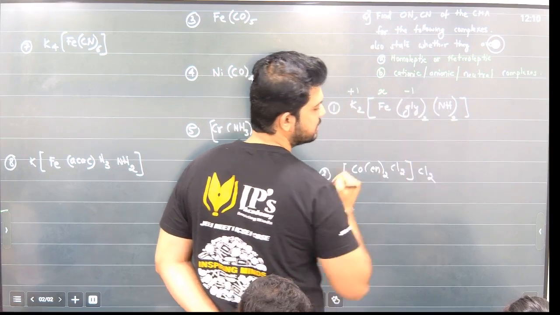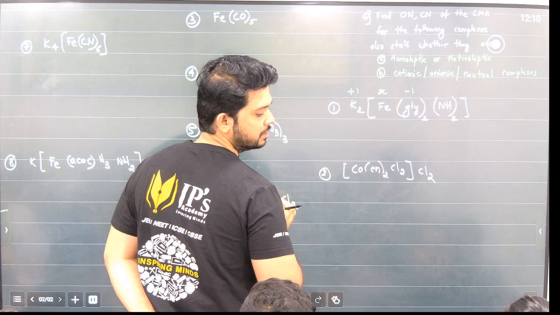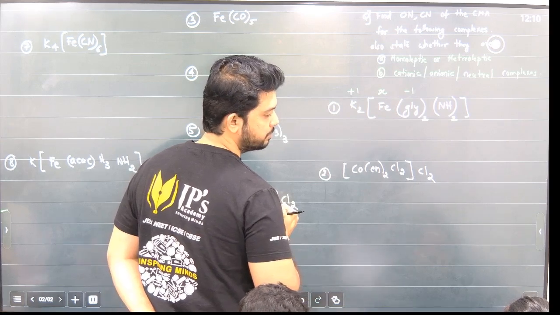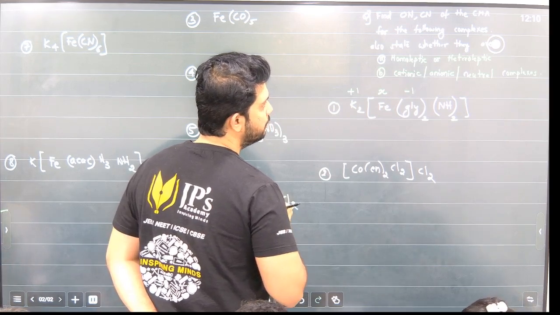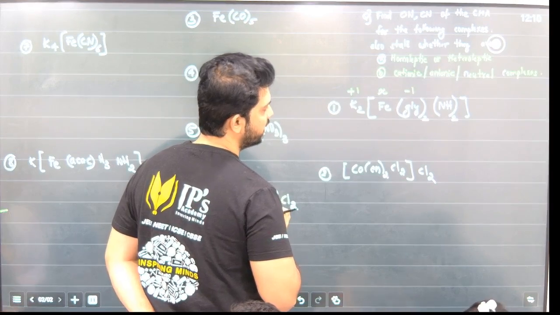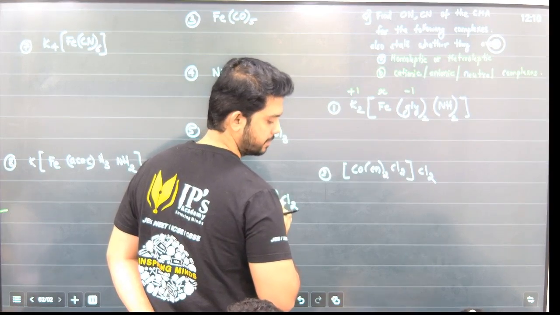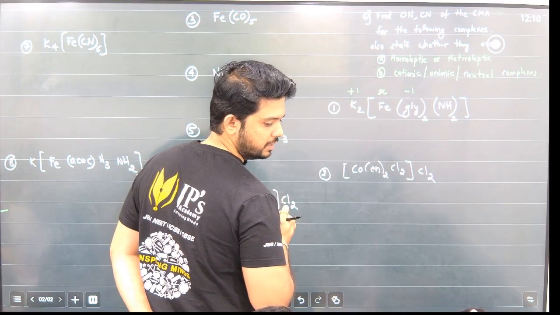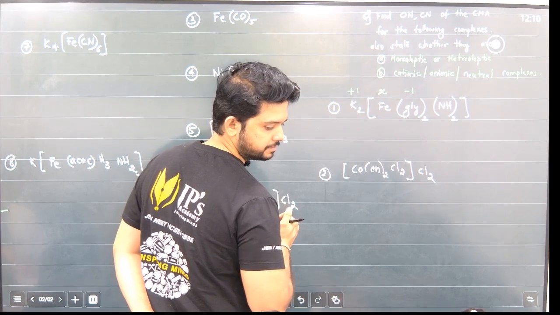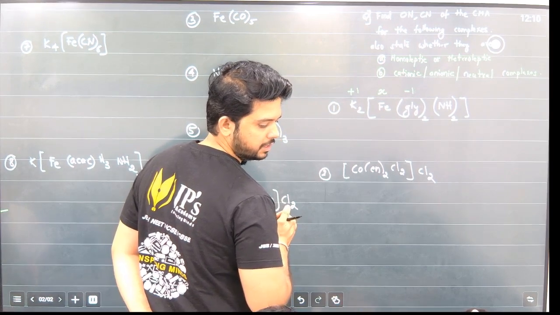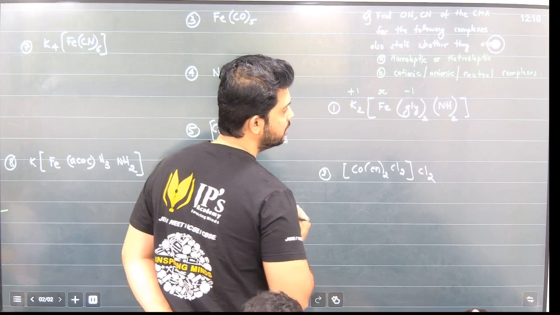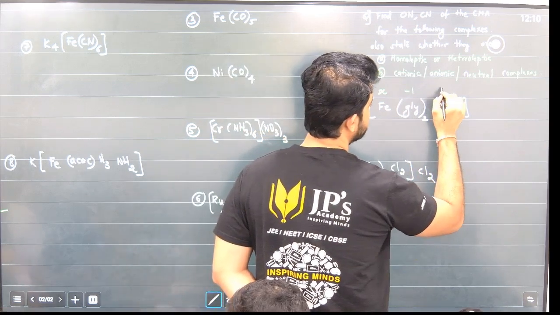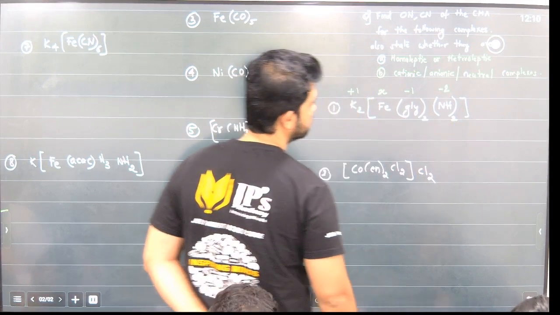And what is this NH? Please go and check, in anionic monodentates we've written what NH is. NH was imido, and what was the charge? 2 minus. Okay, minus 2.